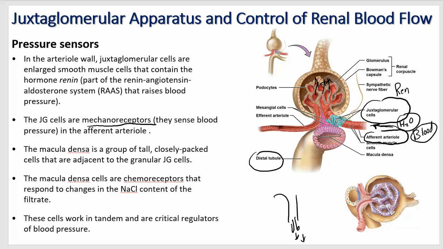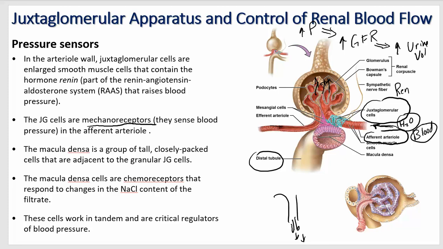So higher pressure going into the glomerulus means higher GFR. Higher glomerular pressure means higher GFR, which means increased urine volume. All of these things are related, and that's the Fick's law thing. So increased pressure means increased glomerular filtration rate, which means increased volume.